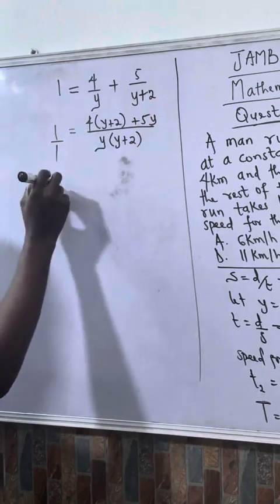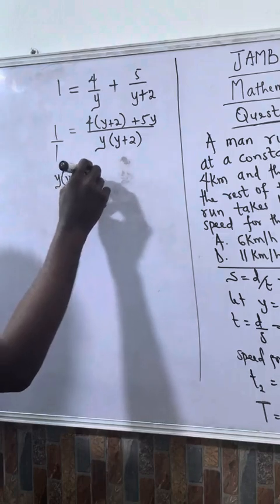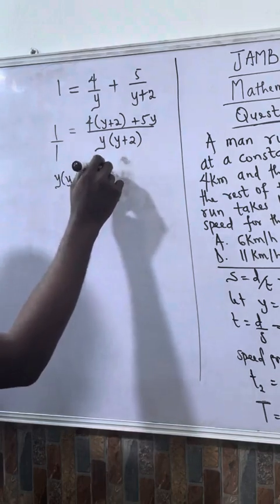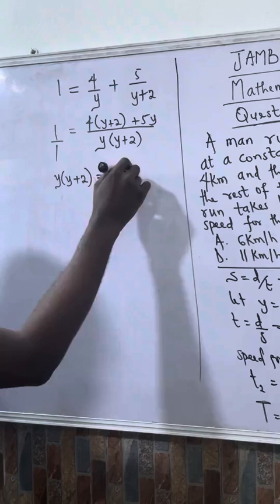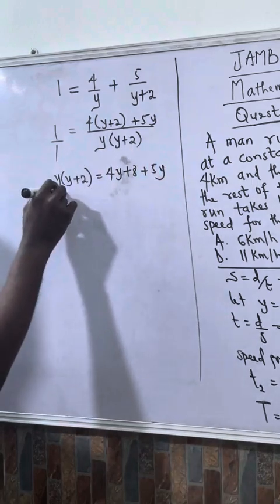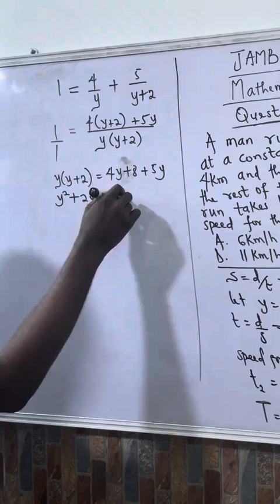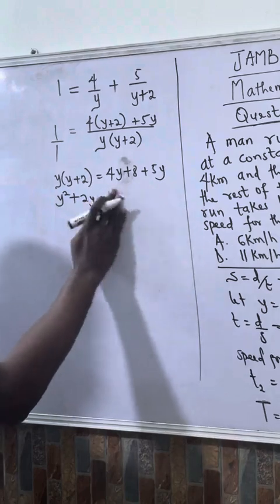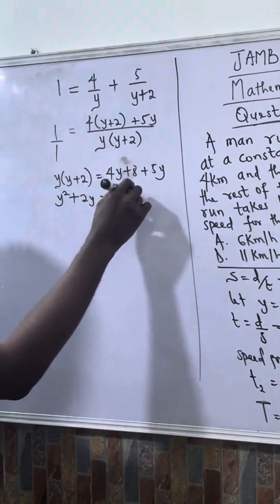Let's cross multiply. So this will give me y bracket y plus 2 equal to, open each of these brackets, 4y plus 8 plus 5y. Let's expand this. This will give me y squared plus 2y equal to, let's add this 4y plus 5y, that will give me 9y plus 8.